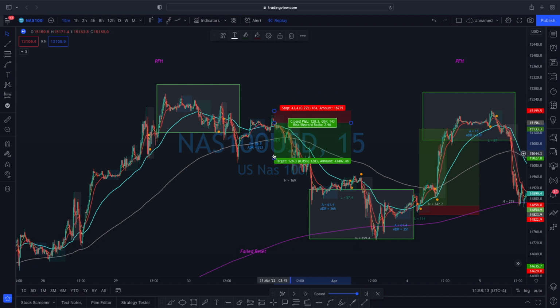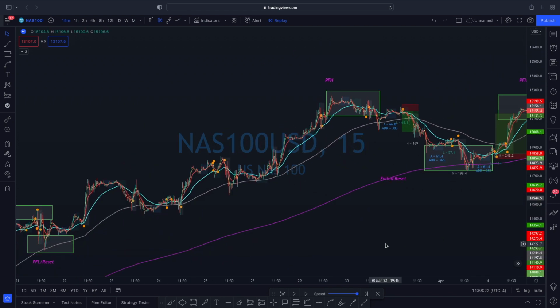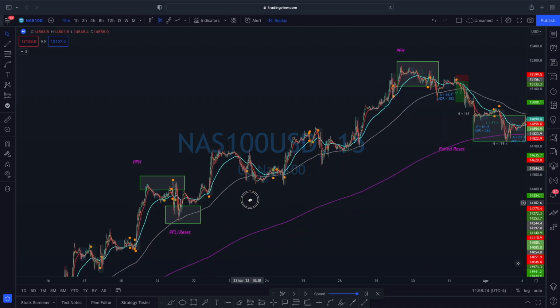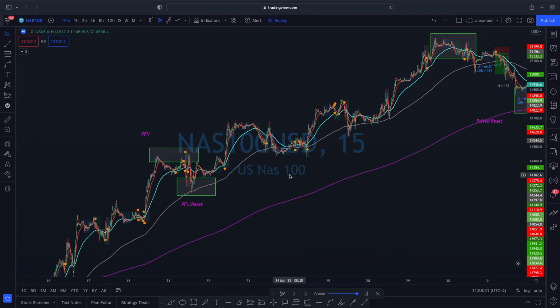Just like anything, though, with any new pair that you go into, you definitely want to backtest first and see how far back you can find these trades.